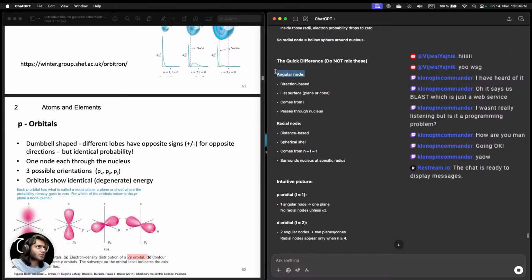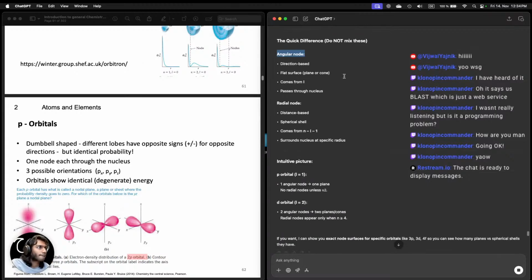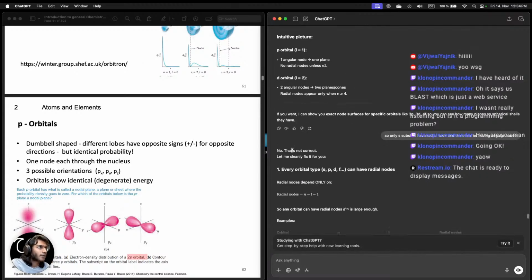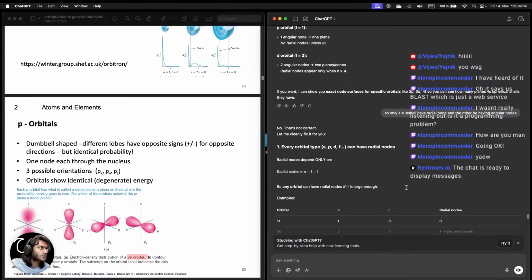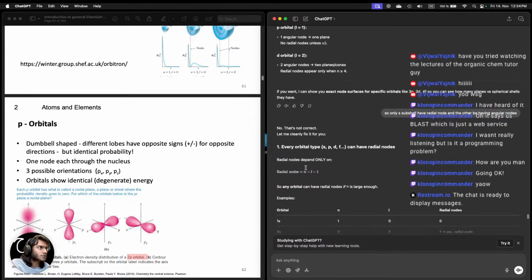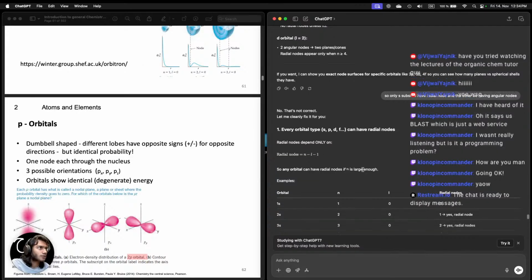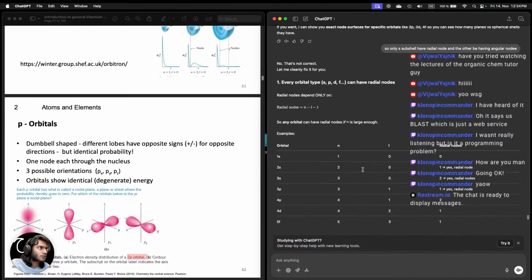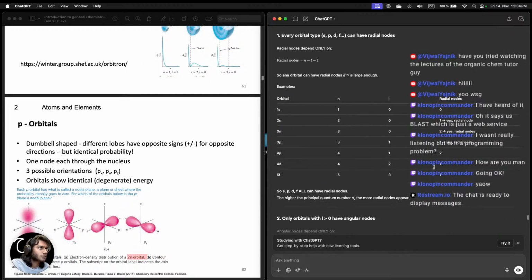Instead of angular node, you should write planar node. No, that's not correct. Every orbital type has radial nodes. Radial nodes depend only on n and l. Okay, what is the radial node here? 3p.